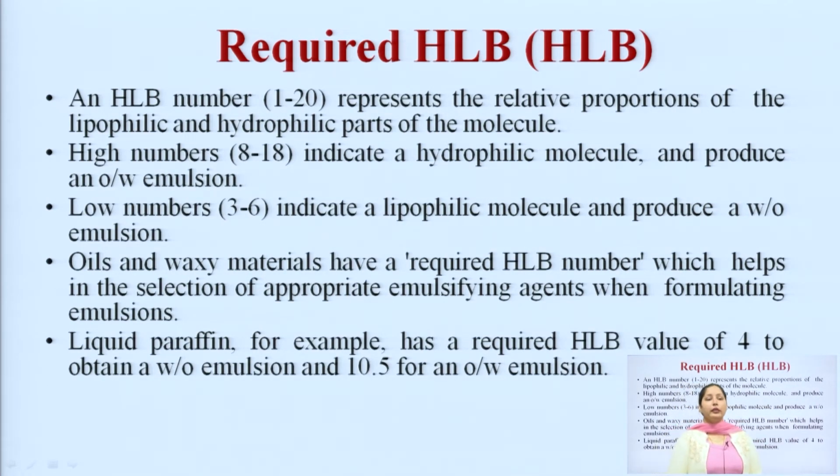Another important term is the required HLB. So, what is required HLB? The HLB number from 1 to 20 represents the relative proportion of the lipophilic and hydrophilic parts of the molecule.